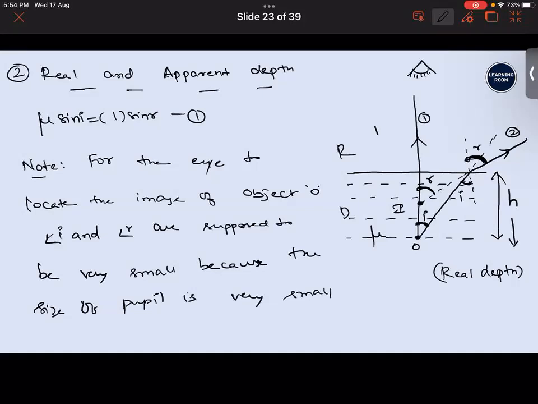Only then these two rays will be closer to each other. Right? When they are closer to each other, then what I can say is sin I can be approximated to tan I can be approximated to I, and sin R can be approximated to tan R can be approximated to R. So make a note of this point.